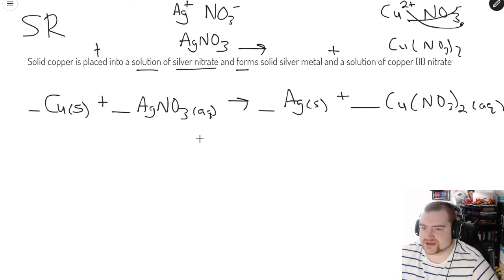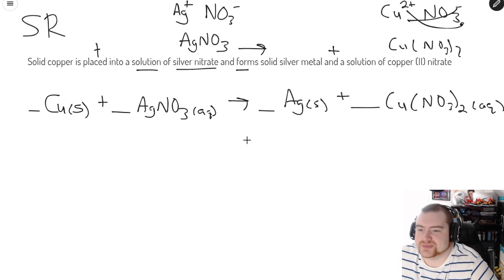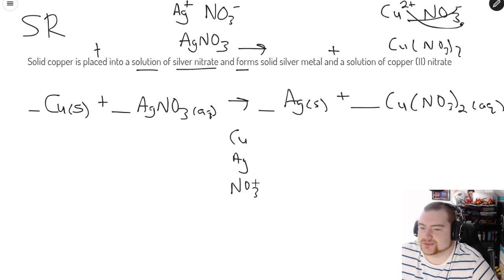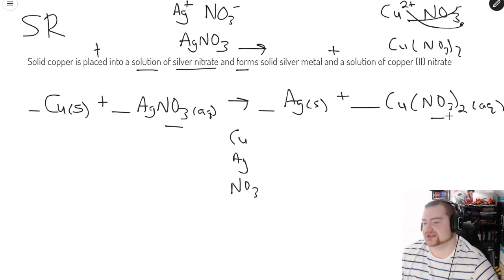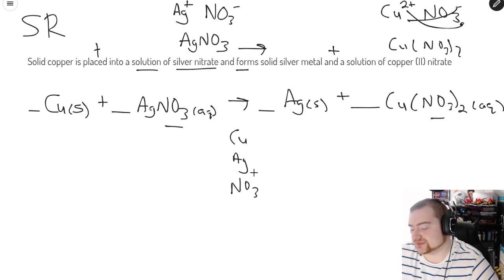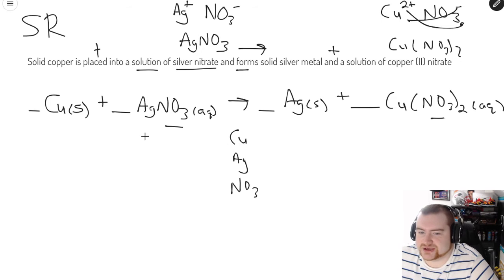Okay, so all that's left now is to balance it. So we have copper, silver, and then we have nitrate, which is by itself. Because nitrate isn't split up, the nitrogen and the oxygen is the same as nitrate in both sides. We don't have to split them up. We can just keep them at nitrate, which is fantastic. So we'll say, okay, copper, 1 on each side, silver, 1 on each side, nitrate, 1 on the left and 2 on the right.